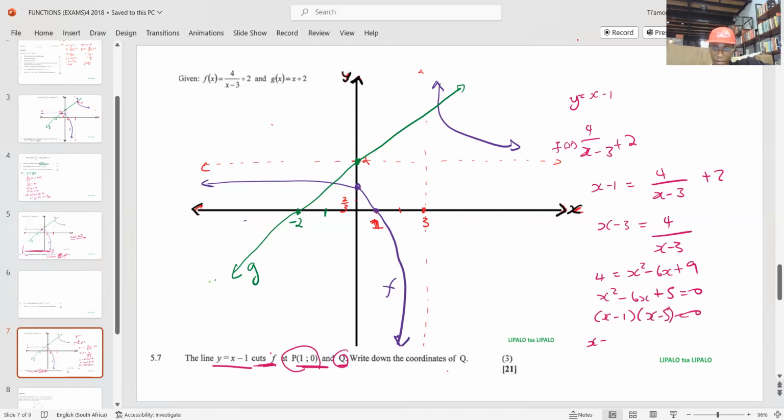So x is going to be equal to 1 or x equals 5. I already have x equal to 1, which is P. Now I know the x-coordinate of Q is 5. So I substitute: y is equal to 5 minus 1, which gives me 4. So the coordinates for Q are (5, 4).